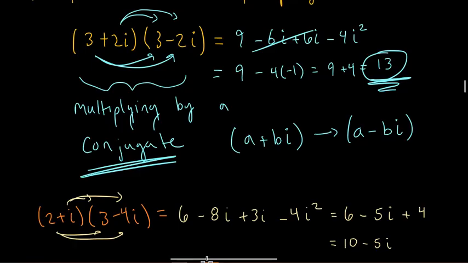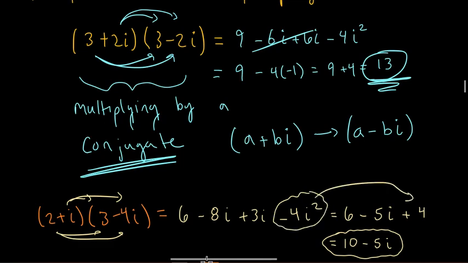There it is. When you're multiplying out, you notice that there's an i that's going to end up turning into an i squared. You always want to rewrite that as negative 1. I sort of skipped from taking negative 4i squared and just rewriting it as plus 4 when I simplified.